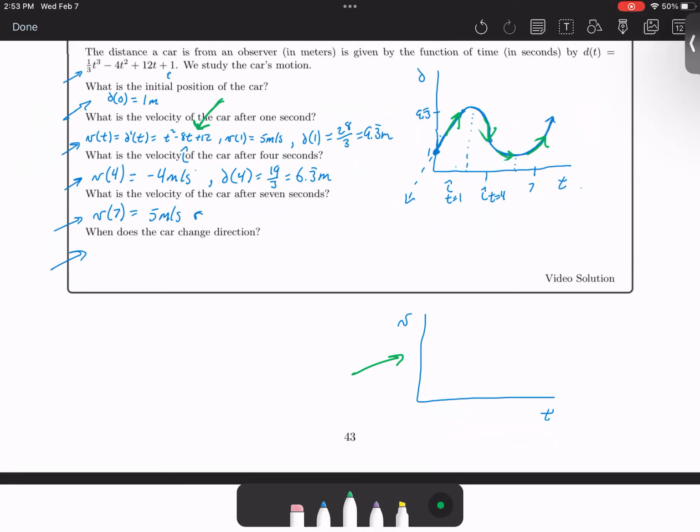It is a second-degree polynomial with a positive leading coefficient, so it's going to be concave up. And it does enjoy two roots, at time equal to 2 and at time equal to 6. If you were to factor that equation, you would get t minus 2 times t minus 6.